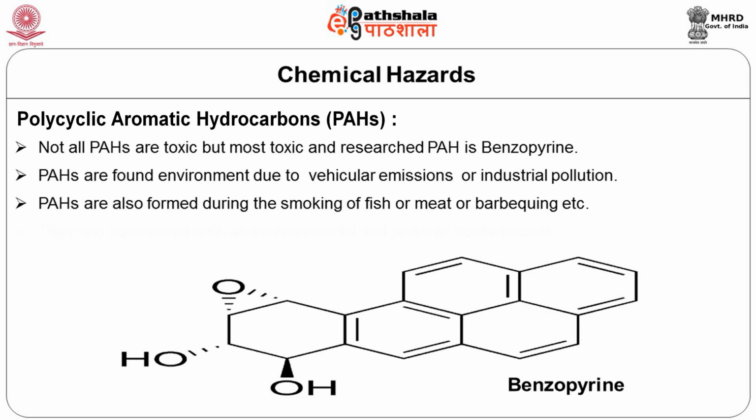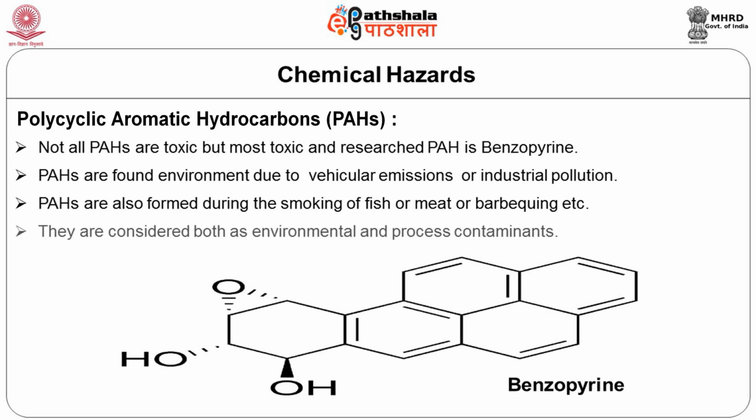These are also formed during the smoking of fish or meat, or barbecuing. They are considered both environmental contaminants and process contaminants because we find them during smoking of fish and meat, and data from experiments show them to be mutagenic, genotoxic and carcinogenic. That is the reason why we are concerned about these contaminants.